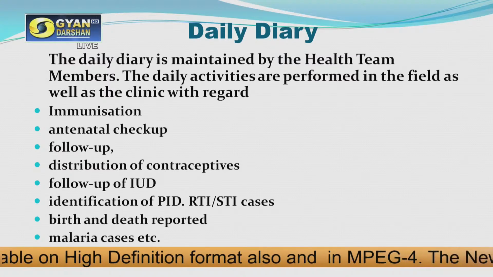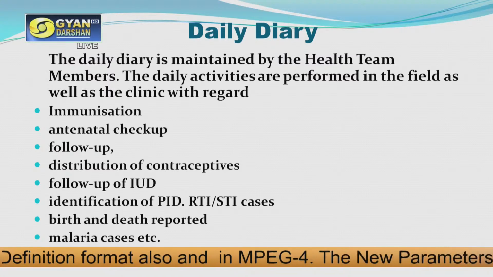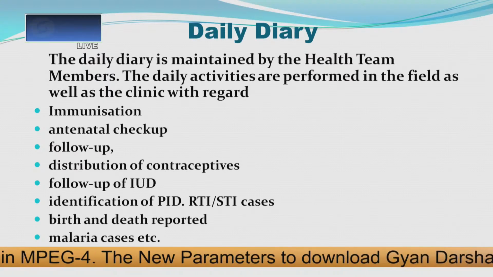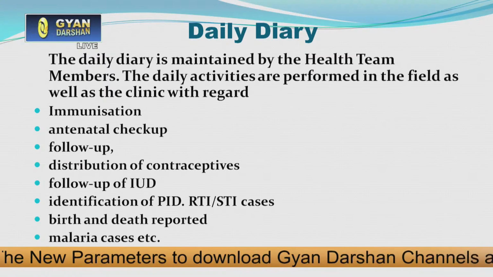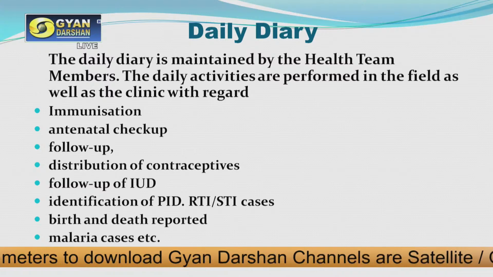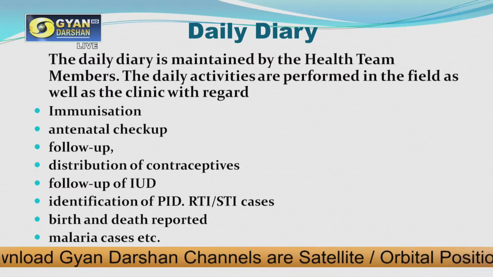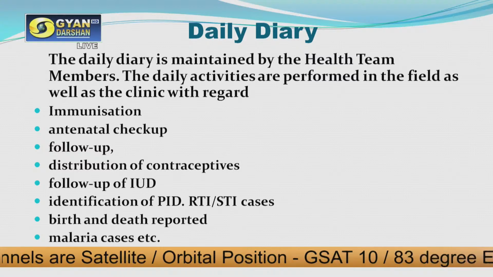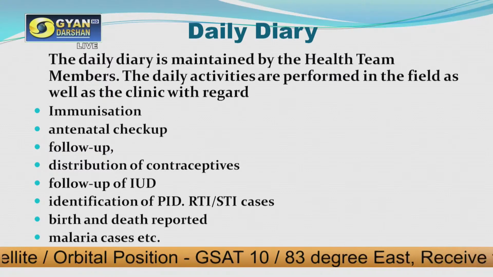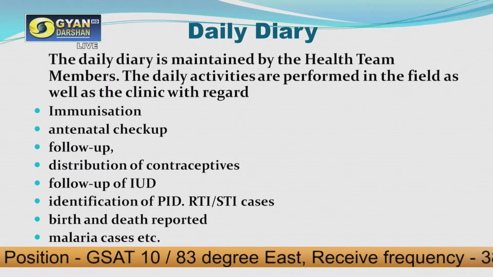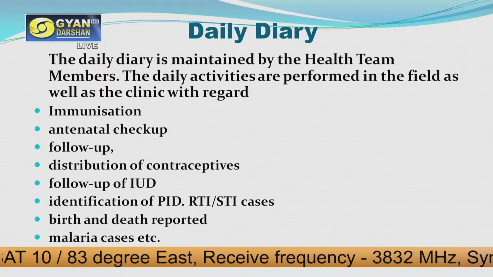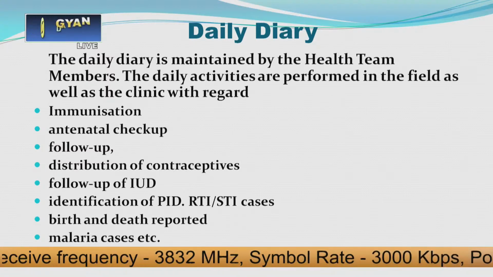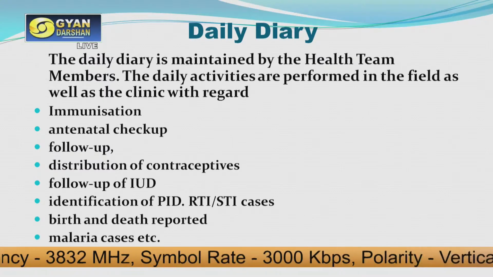This daily diary is maintained by the health team members. The daily activities performed in the field as well as in the clinic are recorded, with regard to immunization, antenatal checkup, any follow-up, distribution of contraceptives, follow-up of IUDs, identification of pelvic inflammatory disease, respiratory tract infections, births and deaths reported, any malaria cases, meetings held, etc.